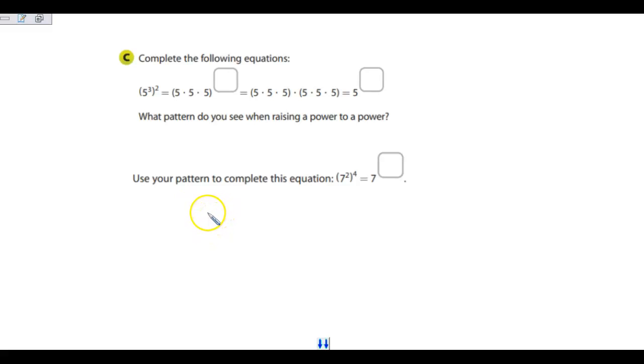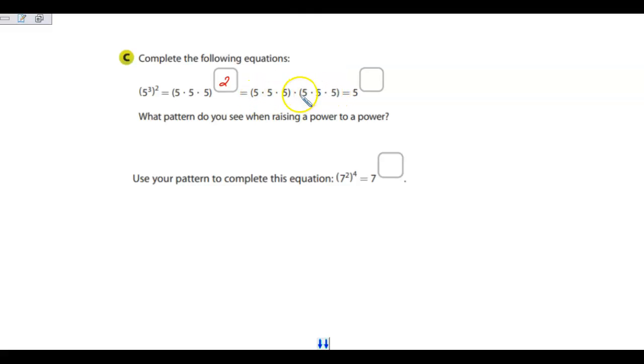Sometimes you see them like this, where it looks like it's a power that's being powered up. So we have 5 to the 3rd power to the 2nd power. And so what that means is 5 to the 3rd power is 5 times 5 times 5, and that whole thing is going to be to the 2nd power. What this means is that there's 2 of these. So I'm going to have 5 times 5 times 5 times 5 times 5 times 5.